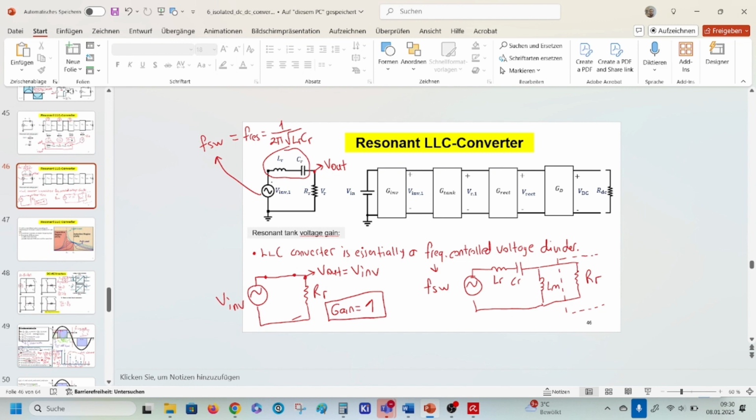It belongs to the transformer, but this ratio is the output stage.